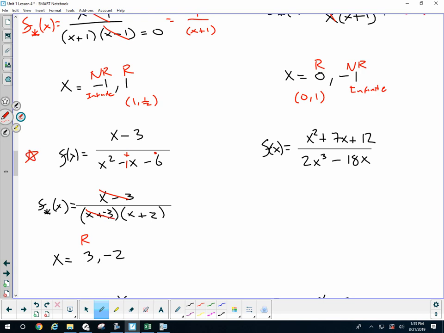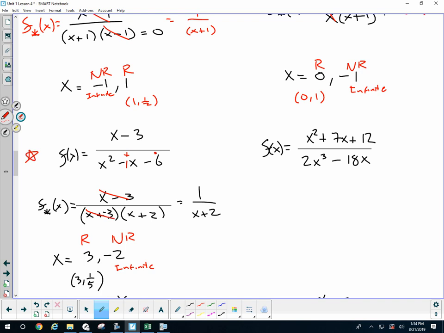Now, I create f star, which is the simplified f, which removes the location of the hole. I can plug 3 into this and see that I get the location (3, 1/5). You could confirm that using your calculator when you're doing the homework. Now, if I plugged -2 into the simplified function, I would still get a number divided by 0. A number divided by 0 tells me I have a non-removable infinite discontinuity.